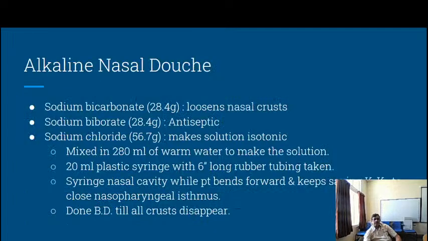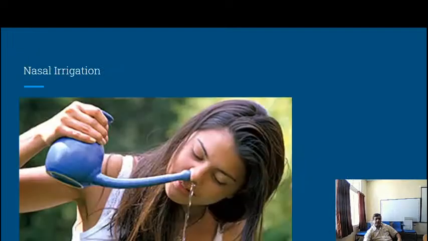And of course, there is a solution which is a combination of sodium bicarbonate, which loosens the nasal crust, sodium biborate, which is an antiseptic, and sodium chloride, which makes the solution isotonic, so that there is no irritation to the nasal mucous membrane. All of them are mixed in 280 ml of warm water, and you do the irrigation like this.